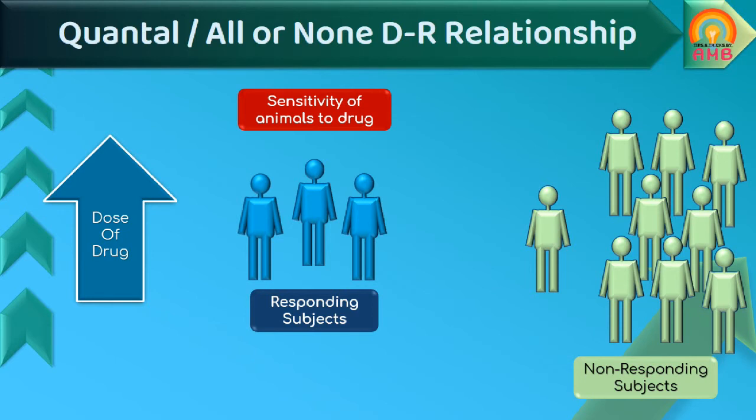In this type of relationship, we are only checking whether an effect is produced by the drug in the subject or not. We are not checking the amplitude of response here. We are studying only whether the subject is responding or not responding. Hence, this type of relationship is also called all or none dose response relationship.